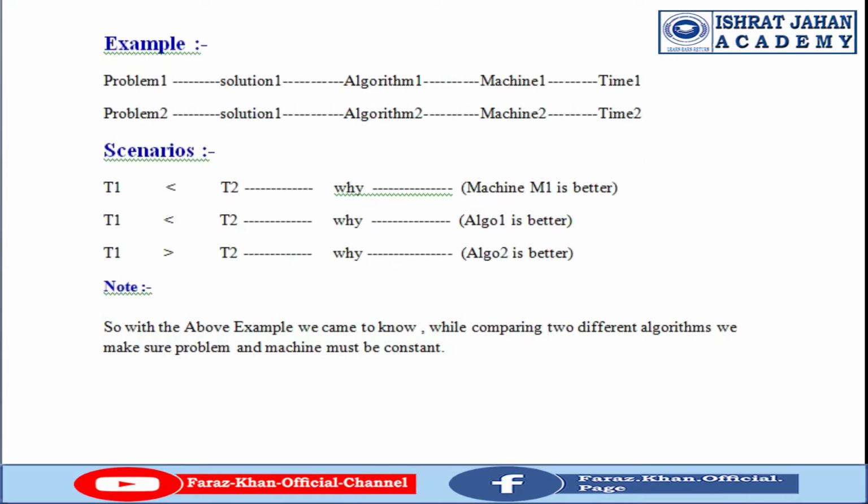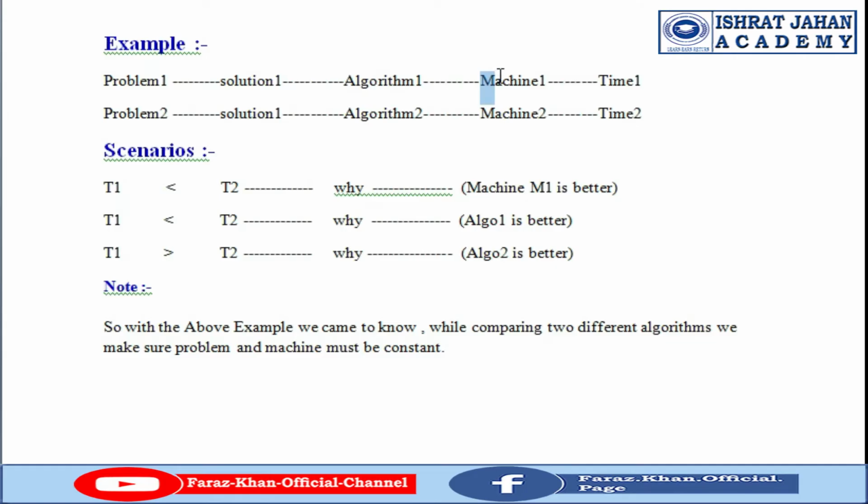Now, the important thing we should notice while designing an algorithm: first of all, you have a given problem. We can have solution number one of problem number one, and to get that solution, we could apply algorithm number one.